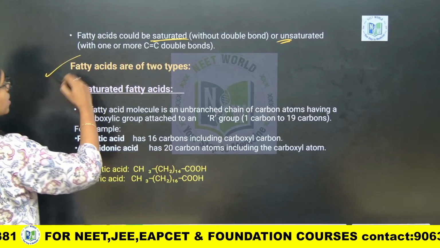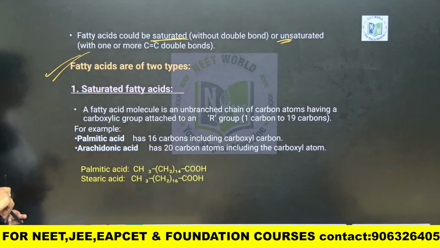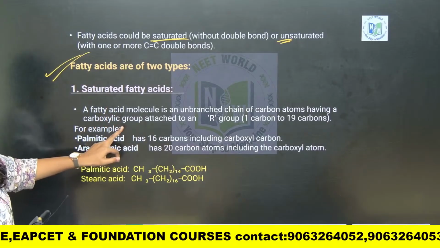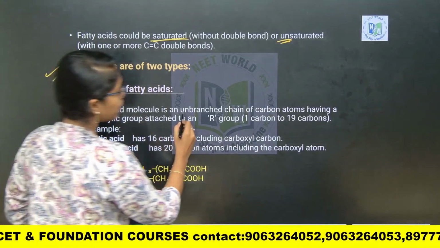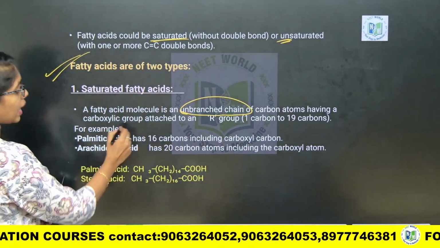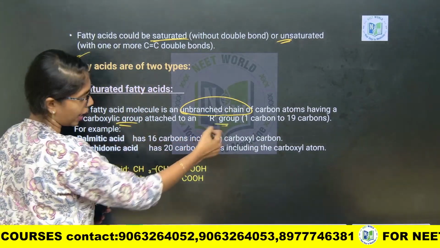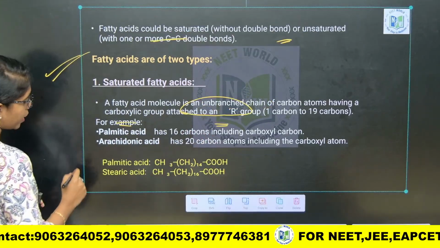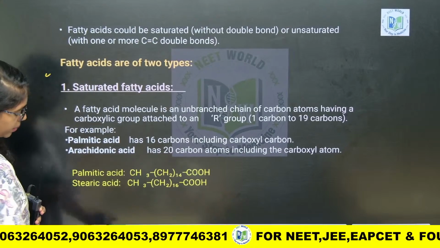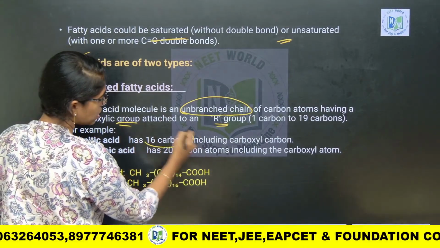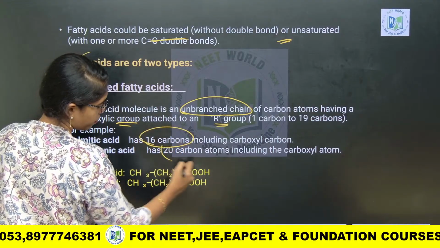So fatty acids are of 2 types. Saturated fatty acids, it includes what? Fatty acid molecule is an unbranched chain of carbon atoms. This will have what? Carboxyl group attached to an R group. This story we know already. Palmitic acid, arachidonic acid we have already learnt. Palmitic acid is having how many carbons? 16 including 1 carboxyl.